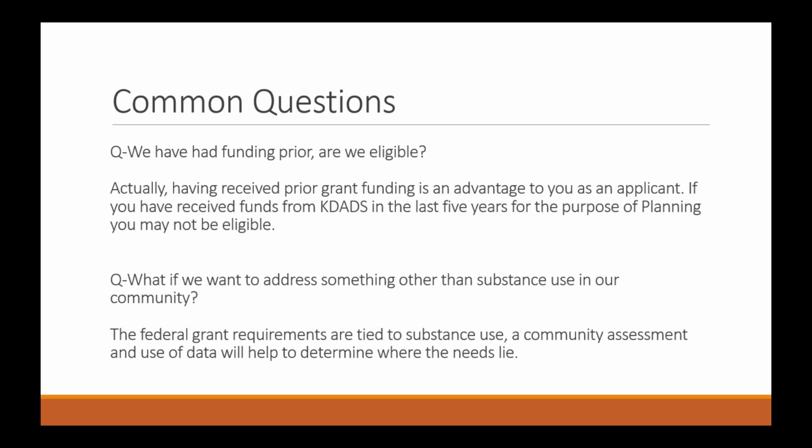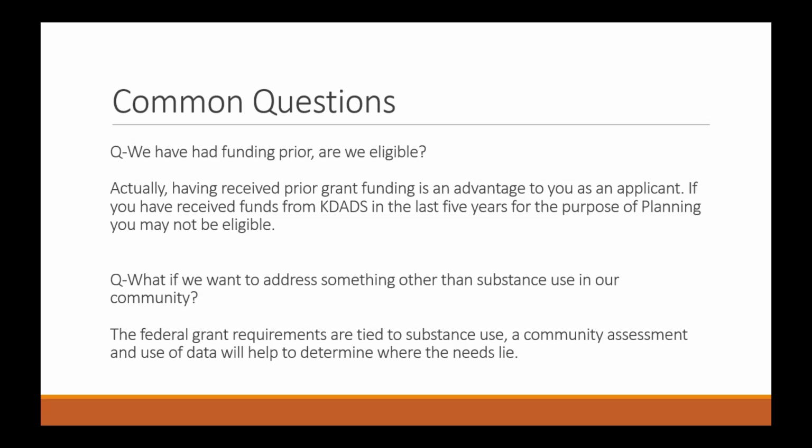one of the other questions that we typically get is, what if we want to address something other than substance use in our community? So this particular grant, this federal grant, is tied to substance use, and that's not something that the state necessarily has any control over. That's kind of what the feds determine. However, one of the things that typically gets brought up is, well, we think that we have a marijuana issue, or there's a lot of kids that are using marijuana, and it's been talked about, and our coalition wants to do something about it.